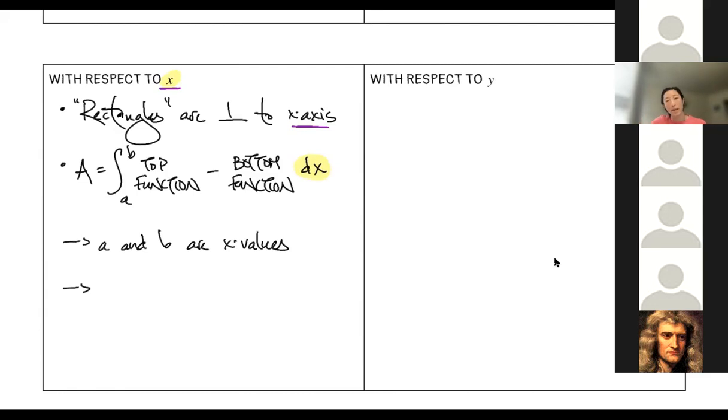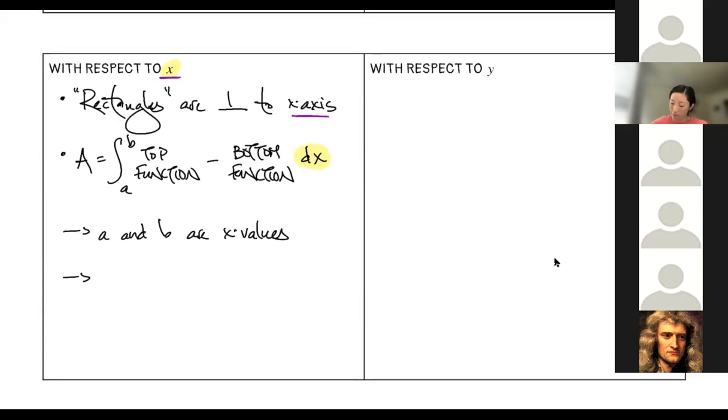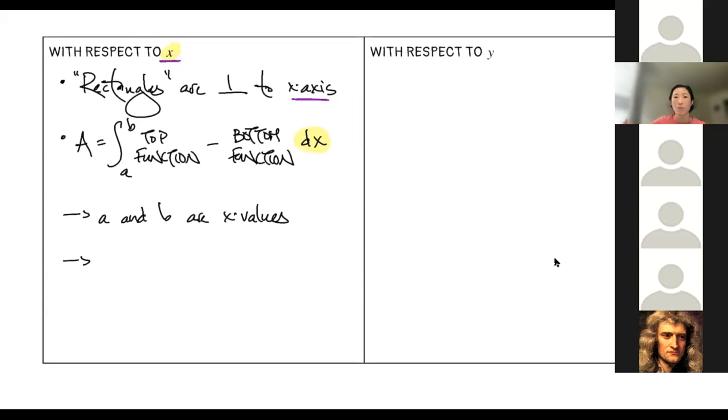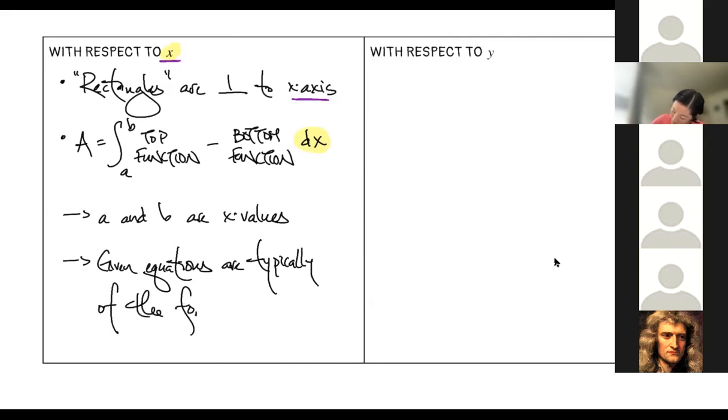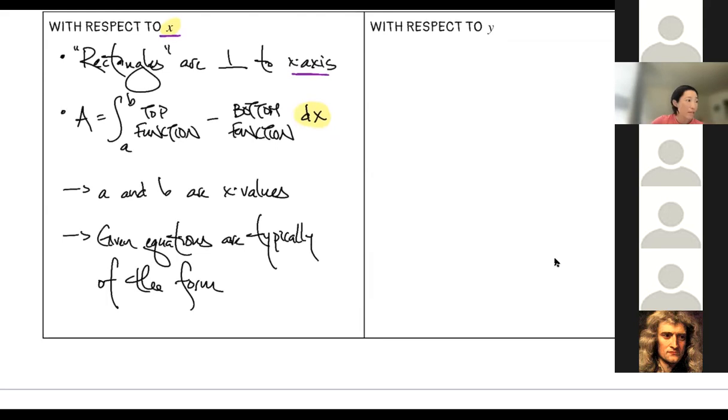And not always, but most of the time, when someone wants you to solve this question with respect to x, you'll notice that given equations are typically of the form y equals things with x.